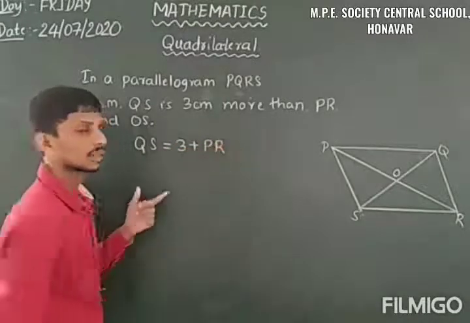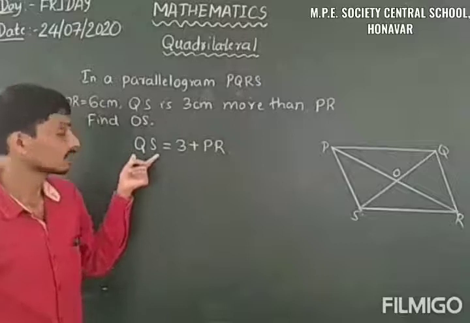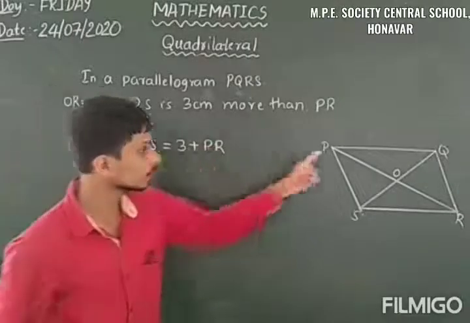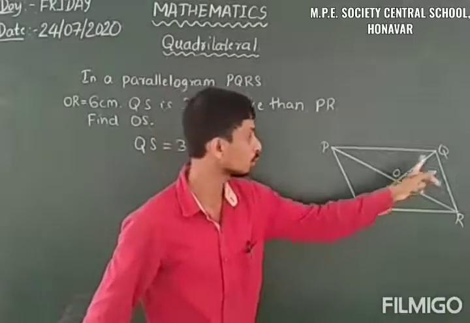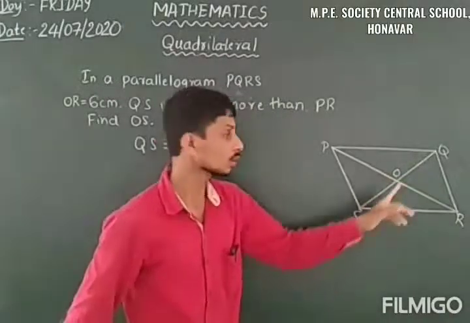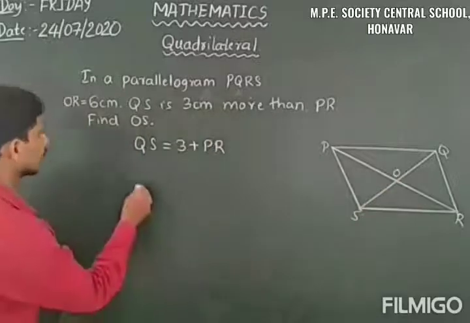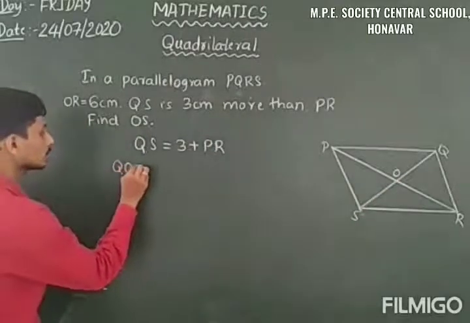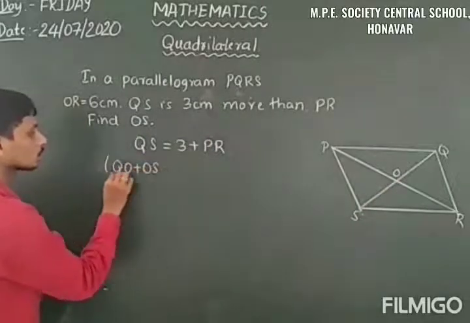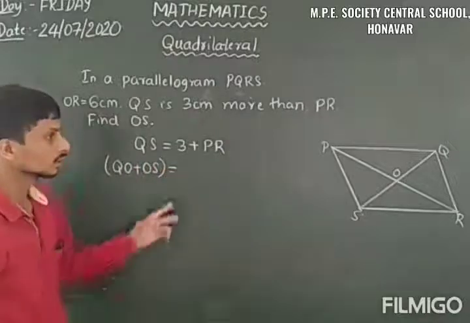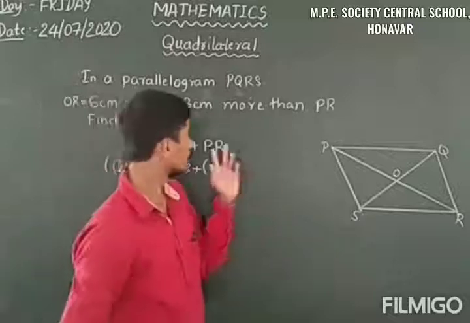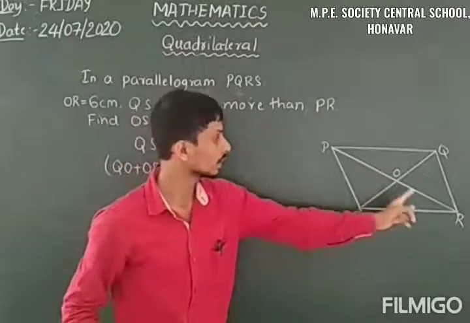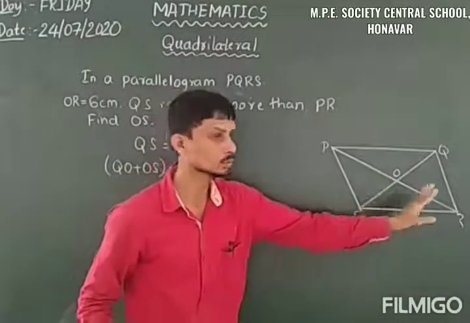Then we can write QS as QO plus OS. So QS is equal to QO plus OS is equal to 3 plus PR.